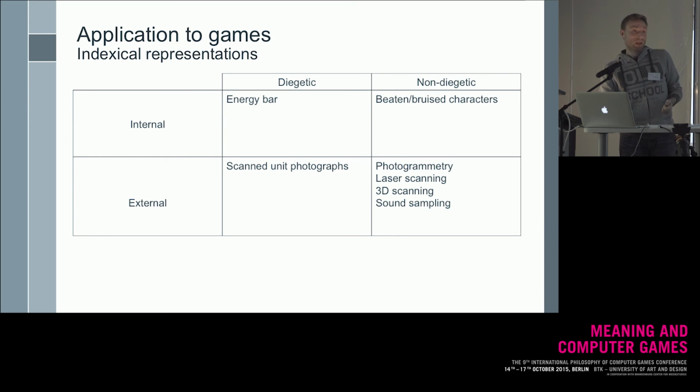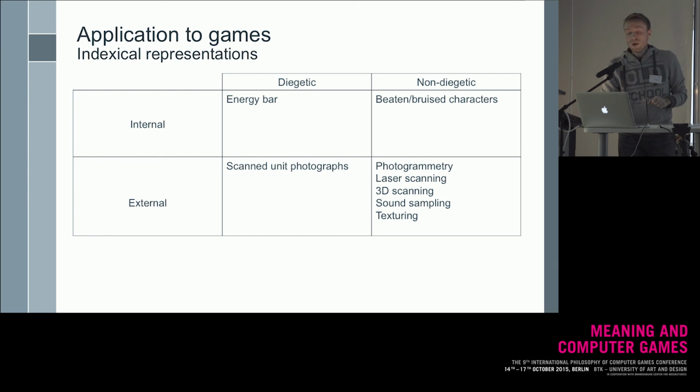Of course, sound sampling is another example of a non-diegetic external representation. Samples in games were caused by the objects from which we sample them. And of course, texturing. Well, not all textures, but some textures are basically scanned from reality or photographed in reality.